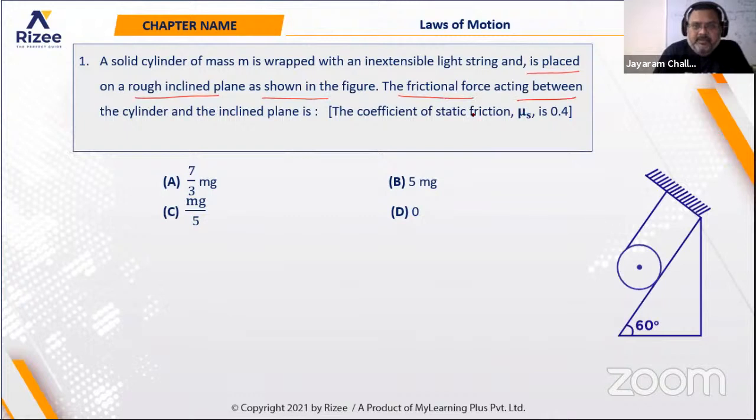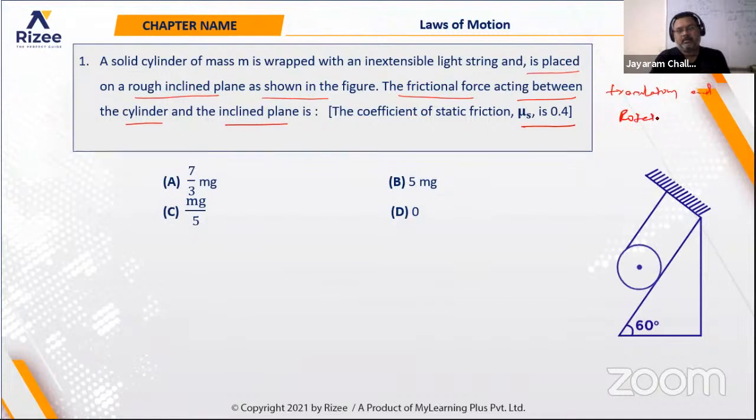The frictional force acting between the cylinder and the inclined plane, strictly speaking, is a combination of a translatory motion and a rotatory motion. So we have to use both the situations in this case.